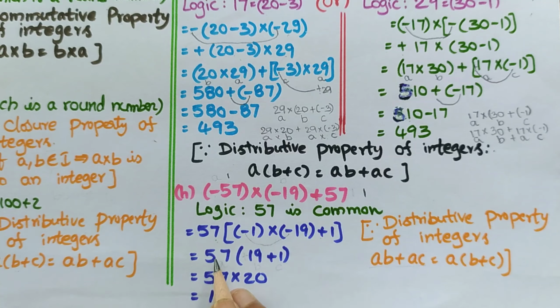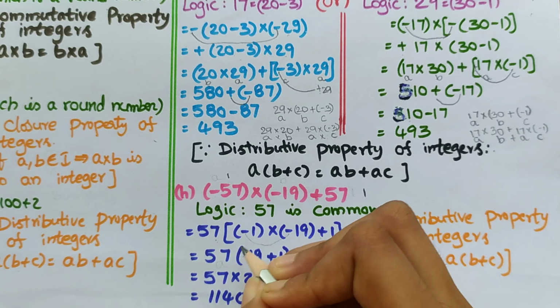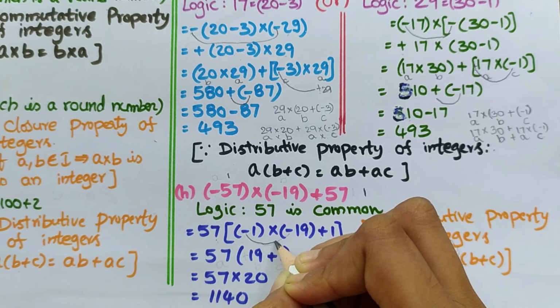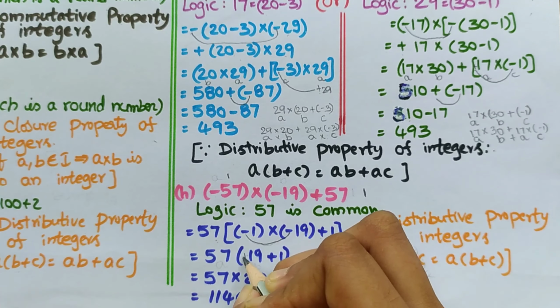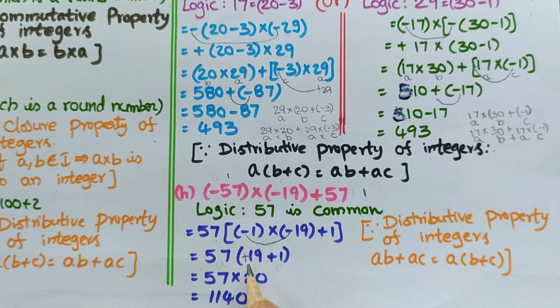Now here 57 into, see here, minus 1 minus 19. So minus into minus is plus, plus 19 plus 1. So 57 into plus 19 plus 1, that means 19 plus 1.